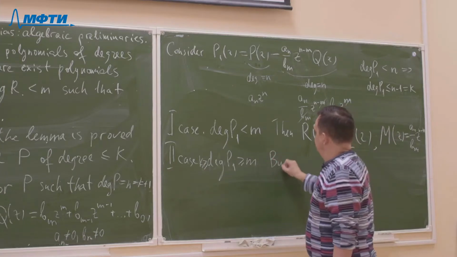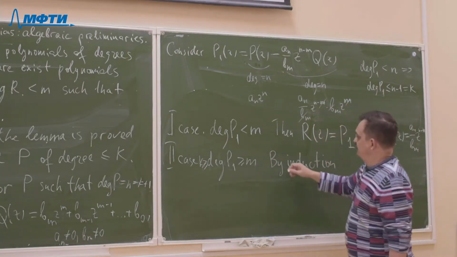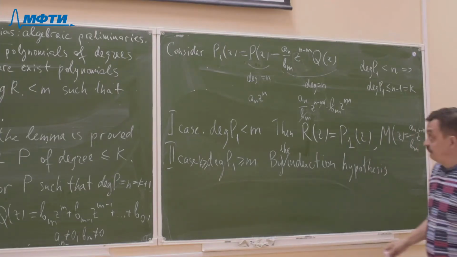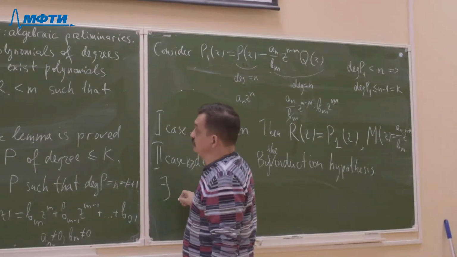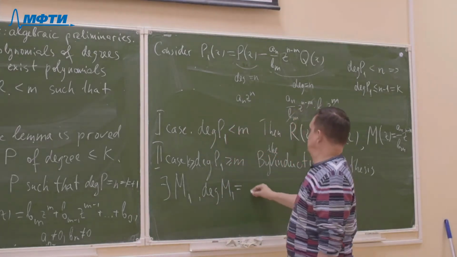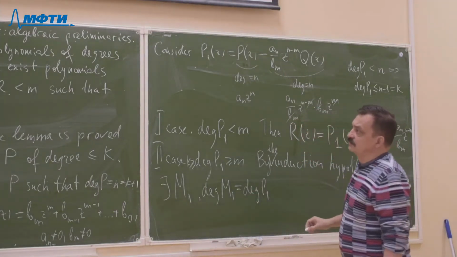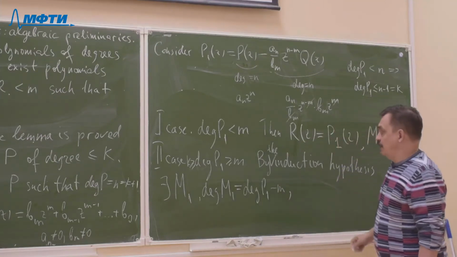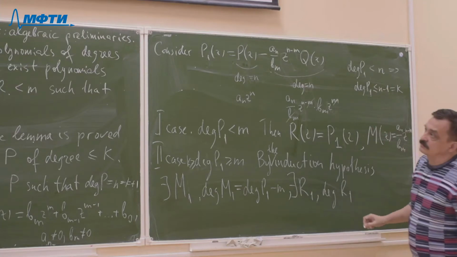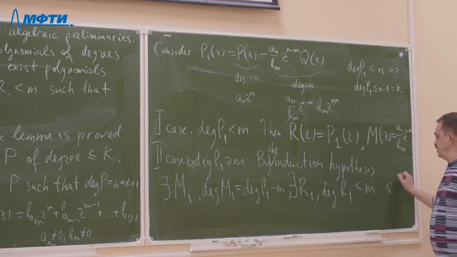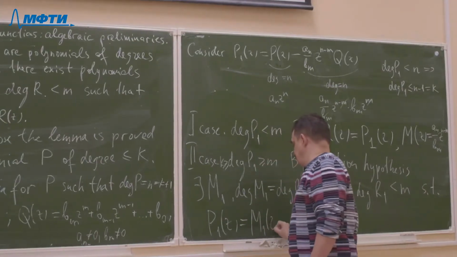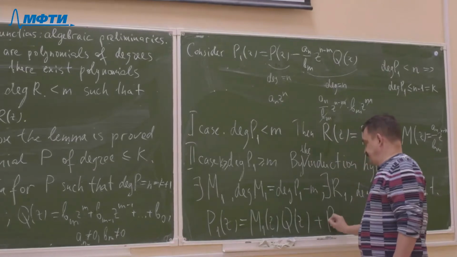So, by the induction hypothesis, there exists a polynomial, let's say M1 of degree degree of P1 minus m, and R1, degree of R1 strictly less than m, such that P1 of z equals to M1 of z times Q of z plus R1 of z.